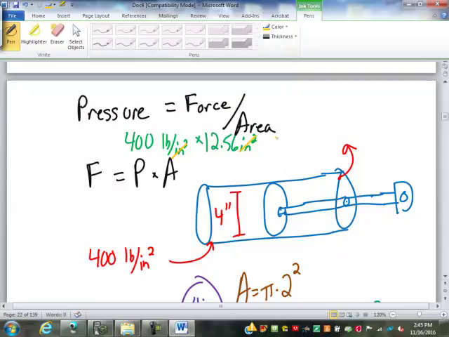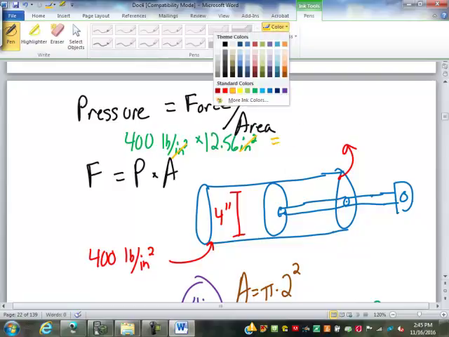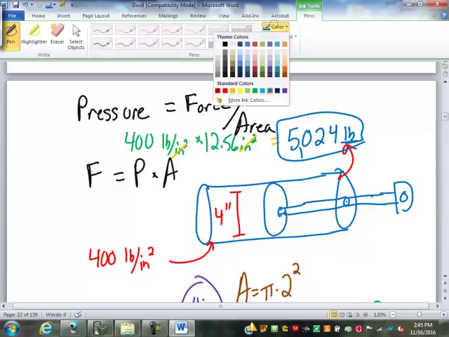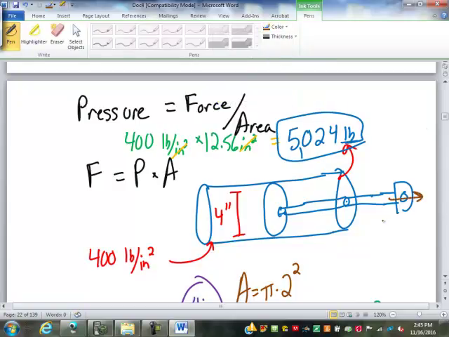The square inches will cancel out, and I have 400 times 12.56, which ends up being 5,024 pounds of force. So that 4-inch cylinder, if you can achieve 400 pounds per square inch of pressure, can exert a force of just over 5,000 pounds.